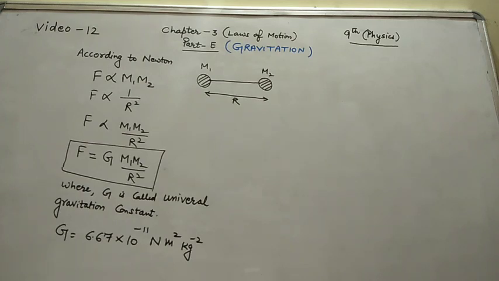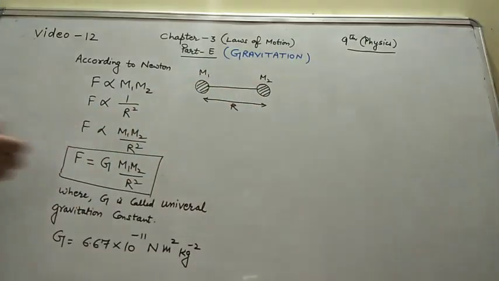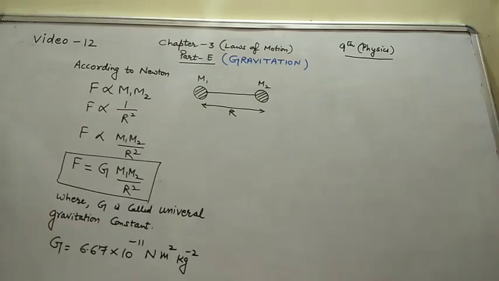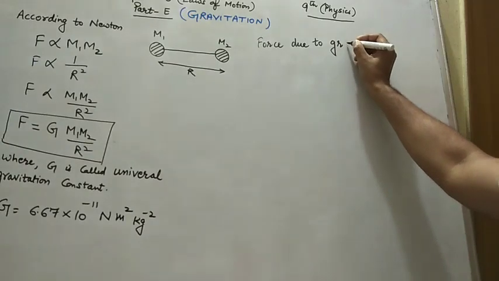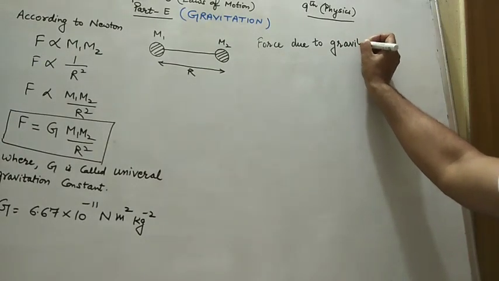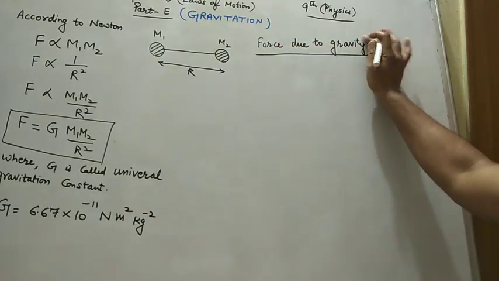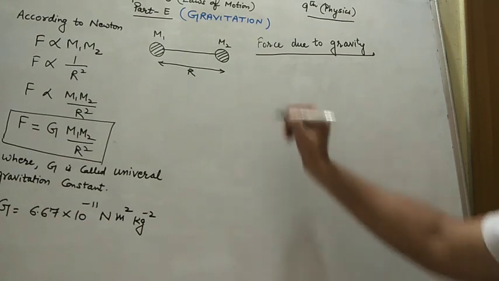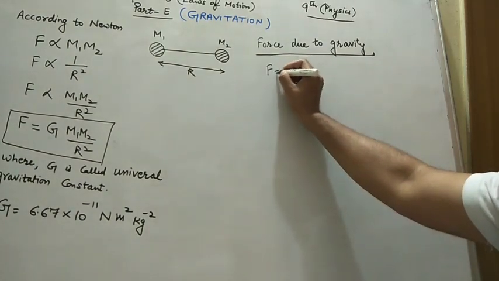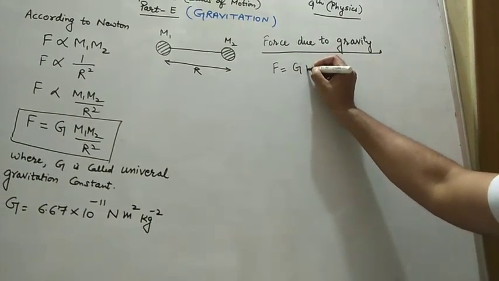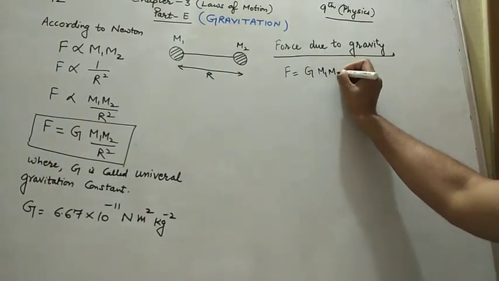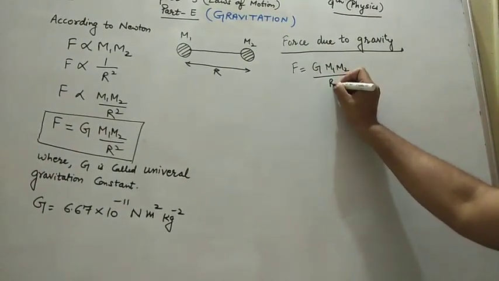After this, force due to gravity. The formula was F is equal to G m1 m2 upon r square.